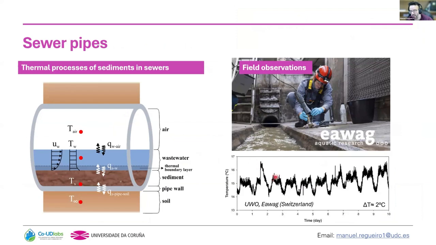So we took data from the Urban Water Observatory, which belongs to EAWAG, and we saw that the wastewater temperature shows a similar pattern to the flow during dry weather periods, like a sinusoidal wave.